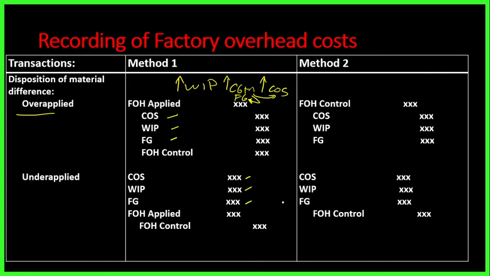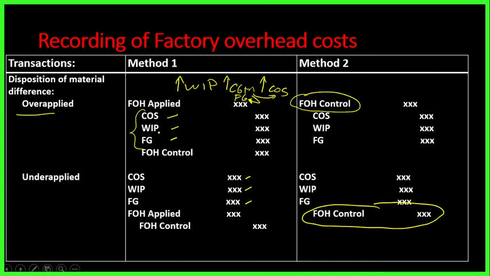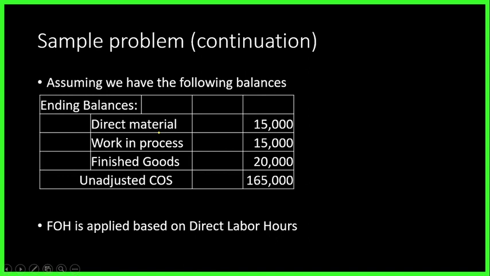The only difference is that here we just use the factory overhead control for the difference. Here we are using two accounts: we are closing the actual and we are closing the applied. The difference will be allocated to these inventories. So let's have an example. This is just a continuation of the earlier problem.